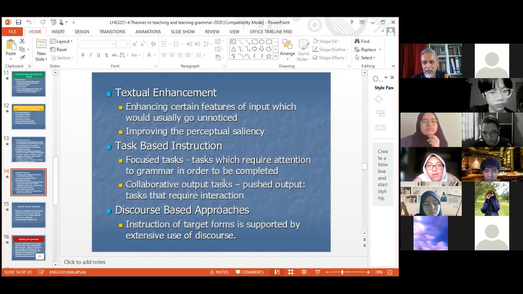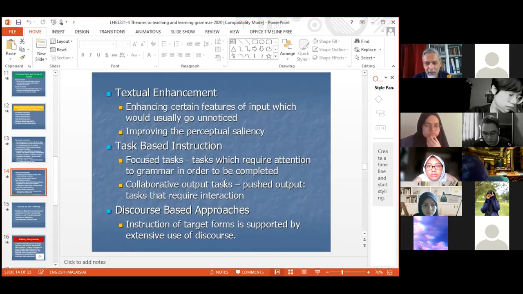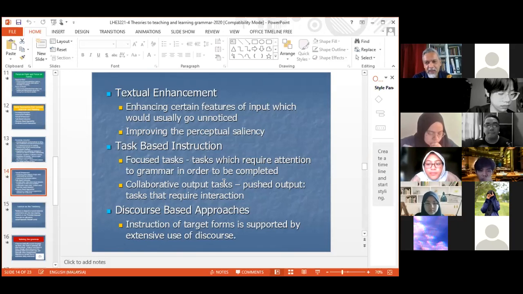Once again, for the teacher, the challenge is to be innovative and design such a task. It's not easy. You have to think of a task in which, in order to complete it, the students have to use that grammar point that you are interested in teaching. It's kind of challenging, but it's innovative as well. It calls on your creativity and innovativeness.